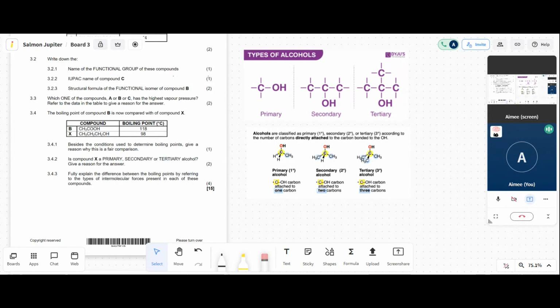So hydrogen bonding occurs when there is an attractive force between a hydrogen atom that is covalently bonded to a very electronegative atom such as nitrogen, oxygen, or fluorine. So that's how you know.